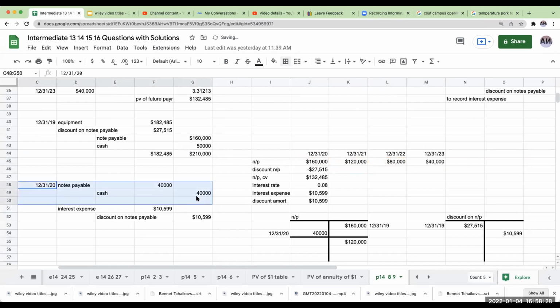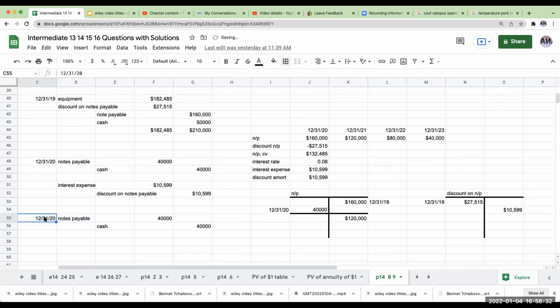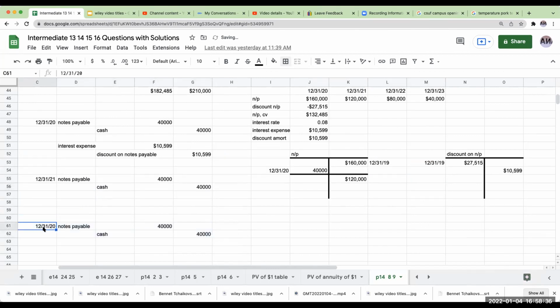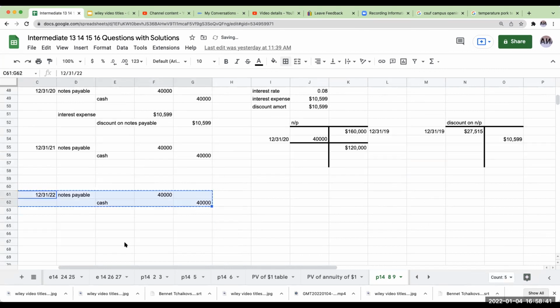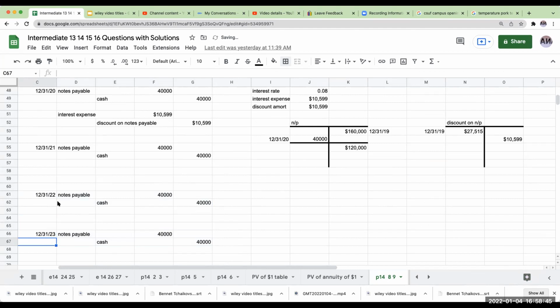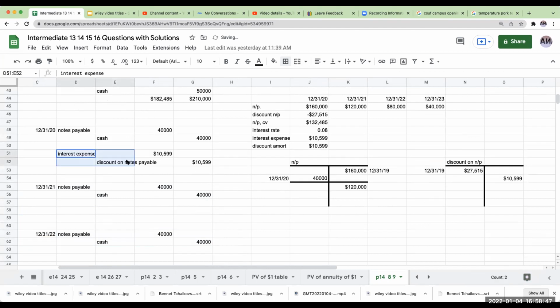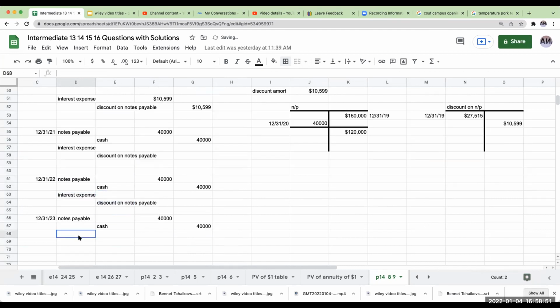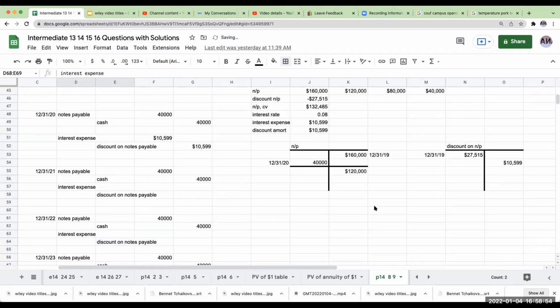Because on every single one of these years, on 12/31/21, 12/31/22, and then on 12/31/23, I'm going to be making the same entries every single time. Likewise, I'm also going to be doing these entries over here for the interest expense and the discount on notes payable, although the amounts might be slightly different.